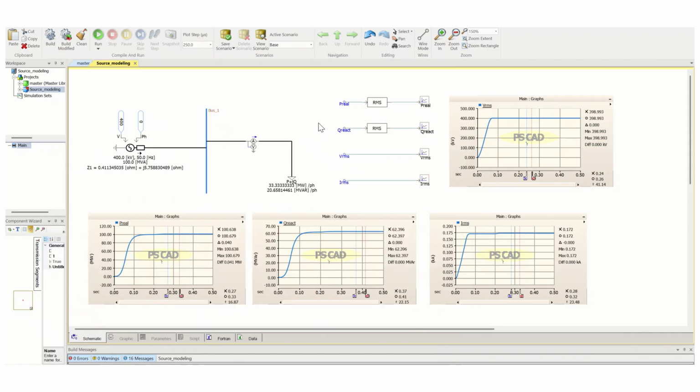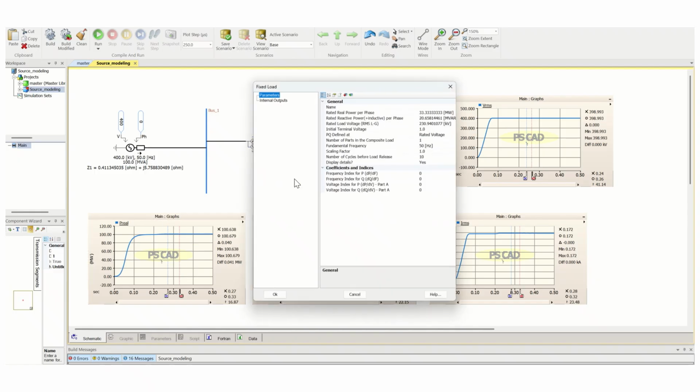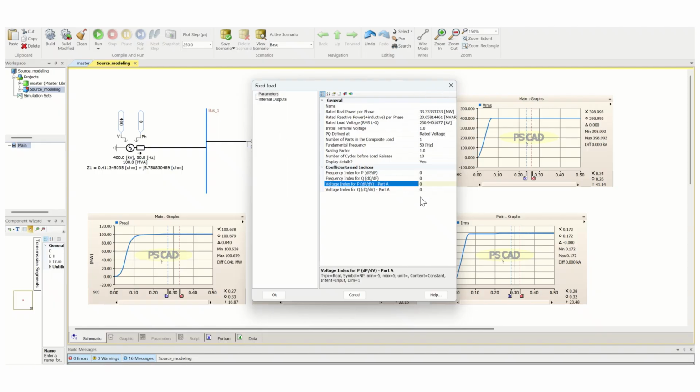Why are the real power and reactive power not changing? The reason is that we have modeled this load as a constant power load. How am I claiming this is a constant power load? Because the dp by dv value is 0 and the dq by dv value is 0.